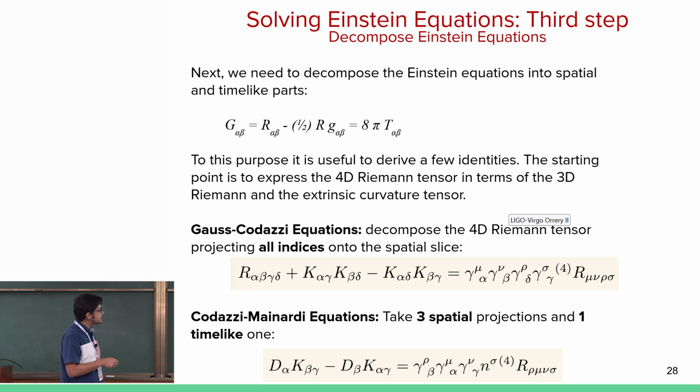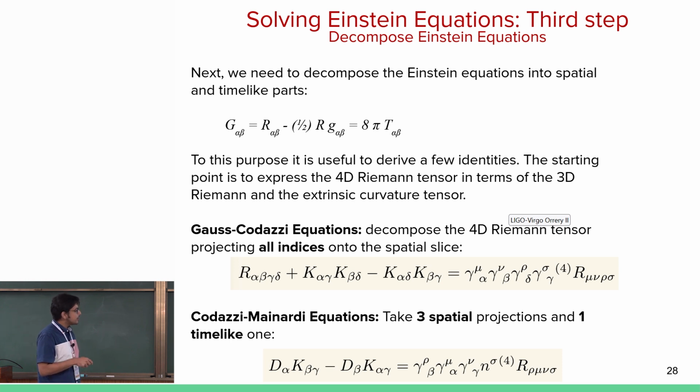So, first is the Gauss-Codazzi set of equations, which are obtained when you take the full 4-dimensional Riemann tensor and project all the indices onto the spatial slice, right? And you see how nicely all of this information is contained in the 3D Riemann as well as the extrinsic curvature, which is consistent with the geometric description I gave a little while ago.